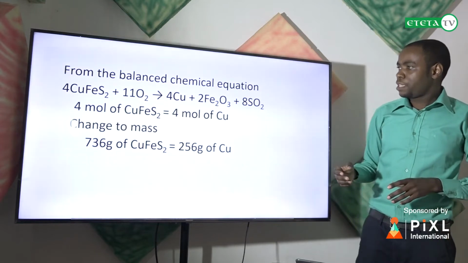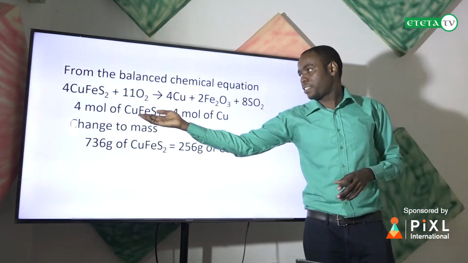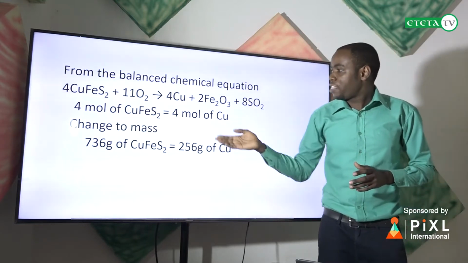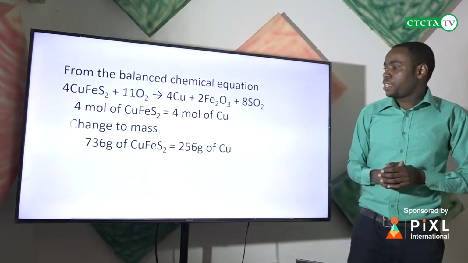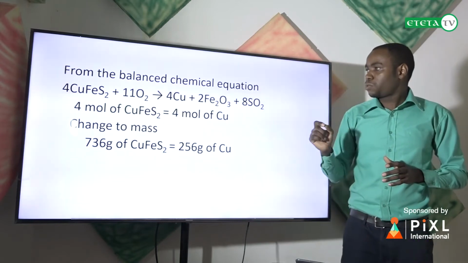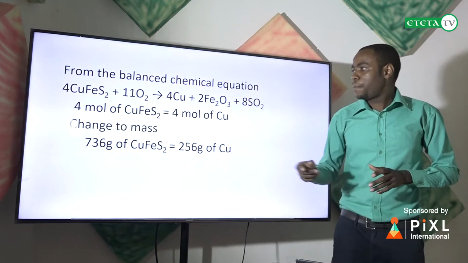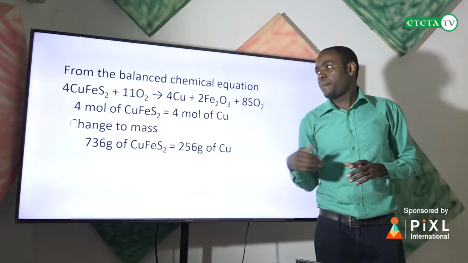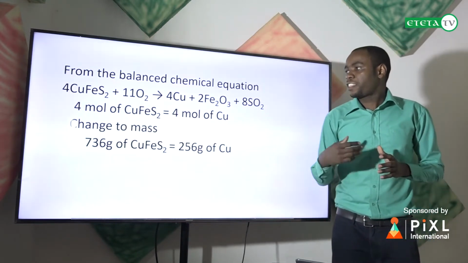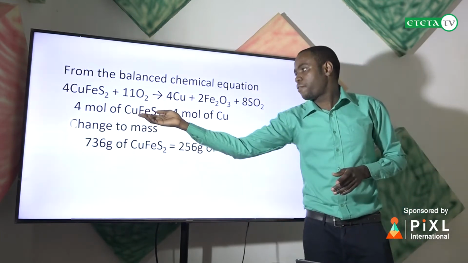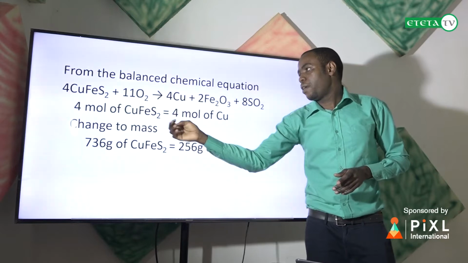Point to remember: if you want to convert the number of moles to mass, the mass is equal to number of moles times the molar mass. And the molar mass of copper pyrite, you sum up the relative atomic mass of constituent elements. Here you have copper, you have iron, you have sulfur.